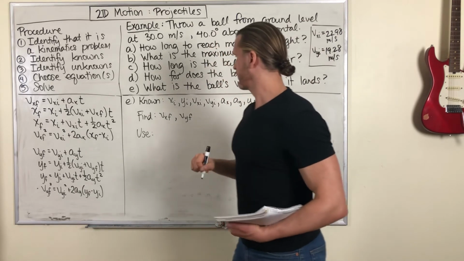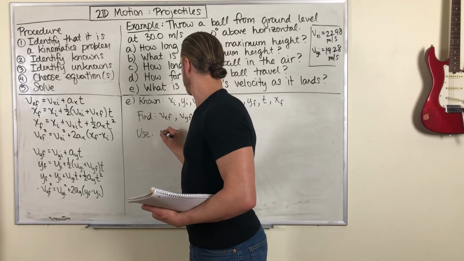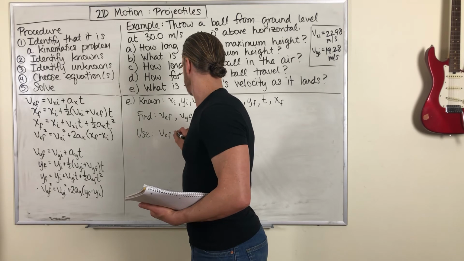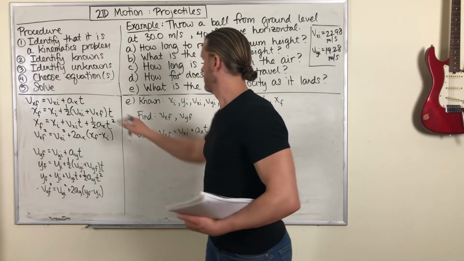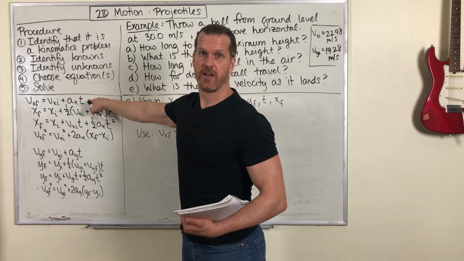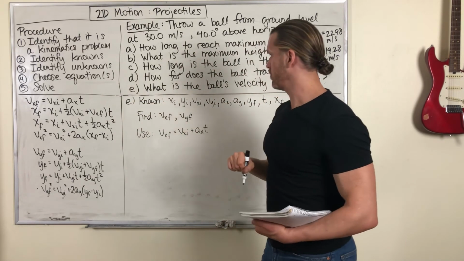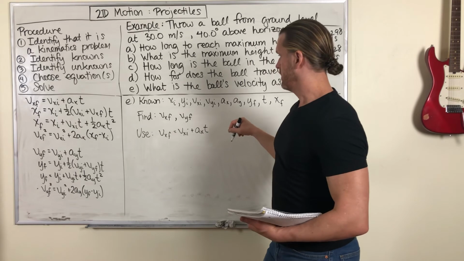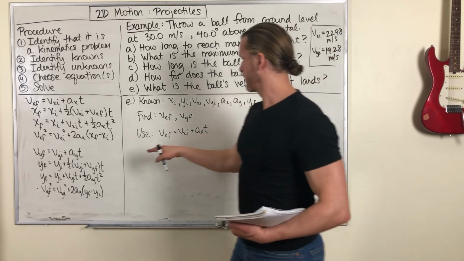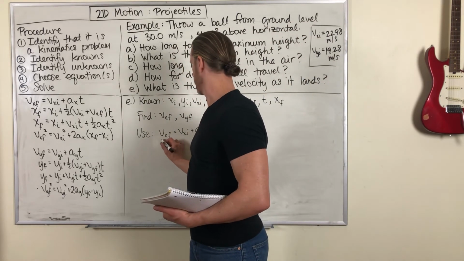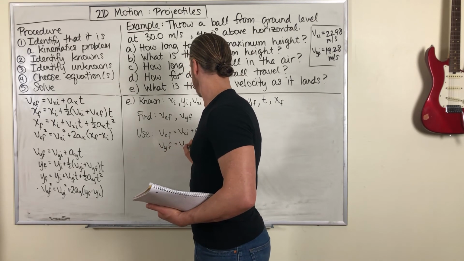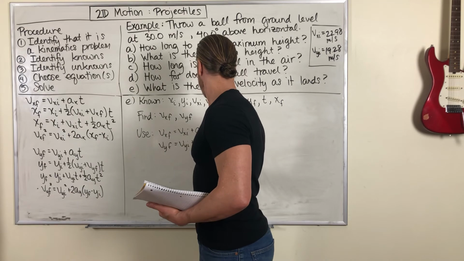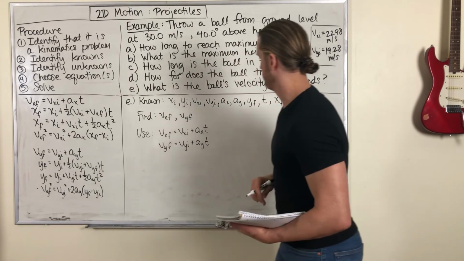So to show that Vx final is the same, we'll use that first kinematic equation for x. And to find Vy final, it looks like we can use the same equation for y. Vy final is Vy initial plus Ayt.